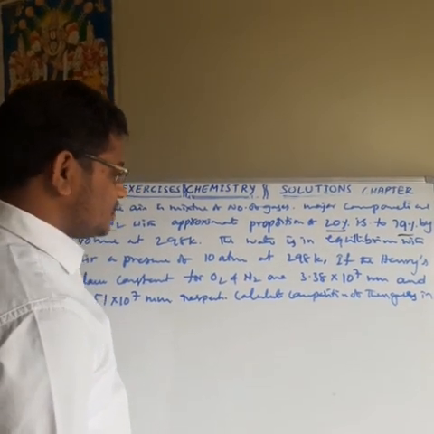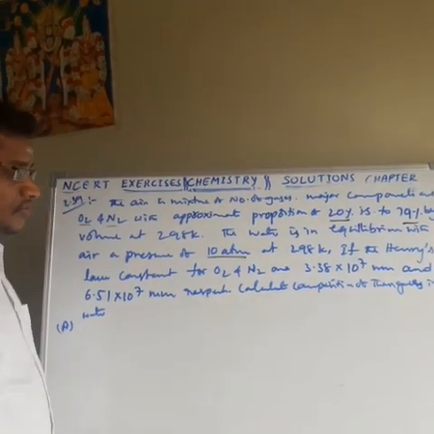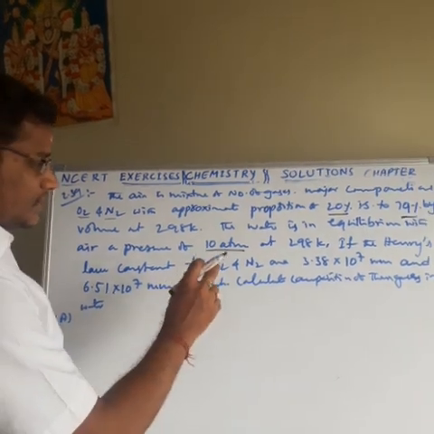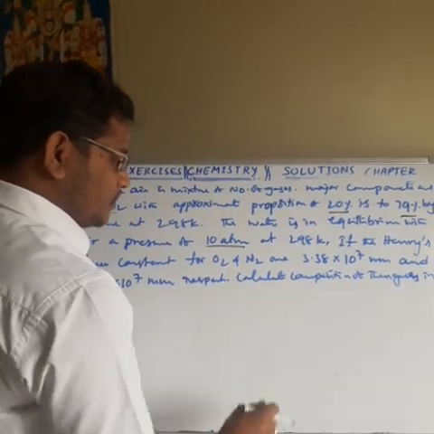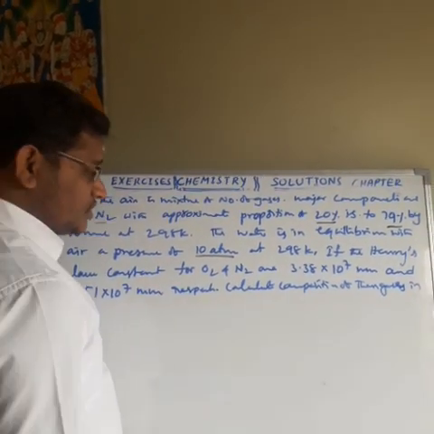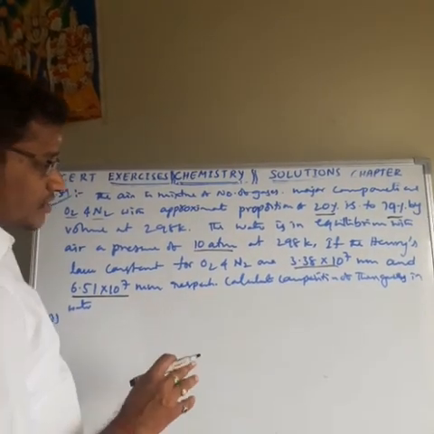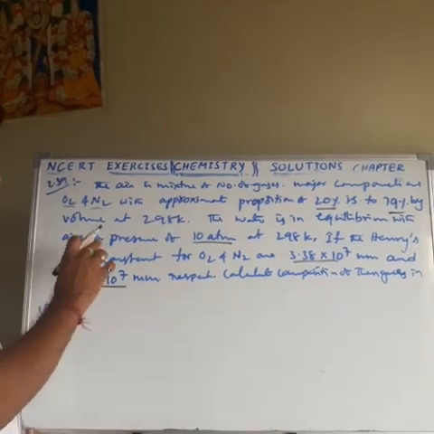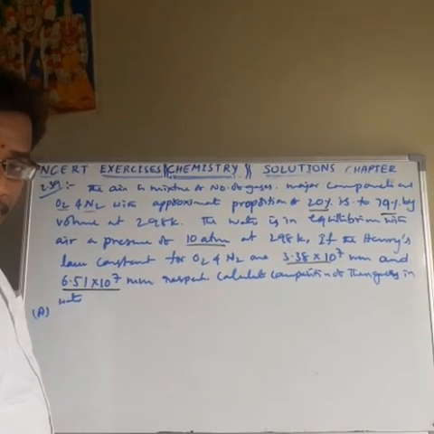The water is in equilibrium with air at a pressure of 10 atmosphere, meaning the total pressure of the water in equilibrium with air is 10 atmosphere at 298 Kelvin. The Henry's law constants of oxygen and nitrogen are given. Calculate the composition of these gases in the water. How much oxygen is present in the water? How much nitrogen is present in the water?